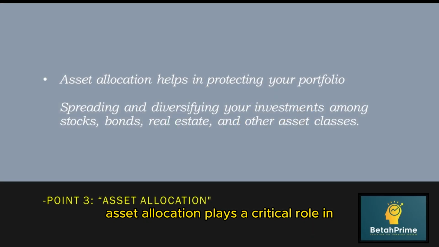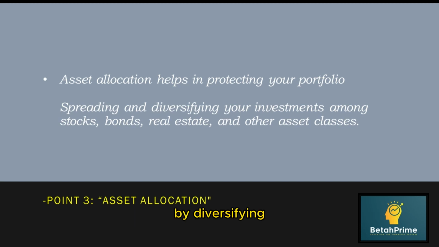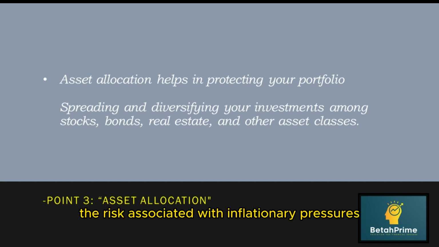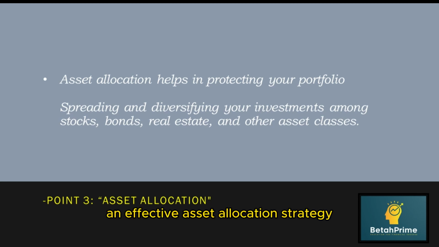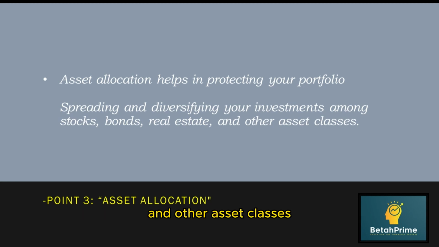Asset allocation plays a critical role in protecting your portfolio from the impact of inflation. By diversifying your investments across different asset classes, you can reduce the risk associated with inflationary pressures. An effective asset allocation strategy involves spreading investments among stocks, bonds, real estate, and other asset classes.